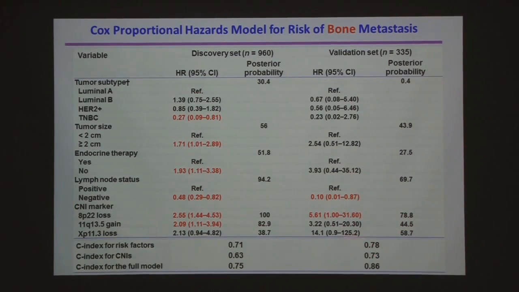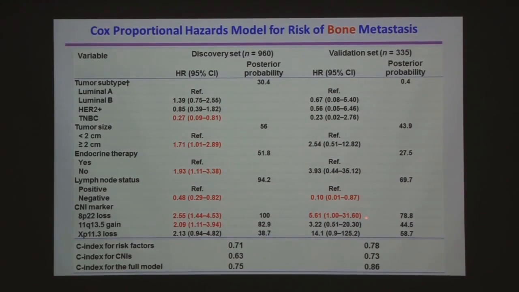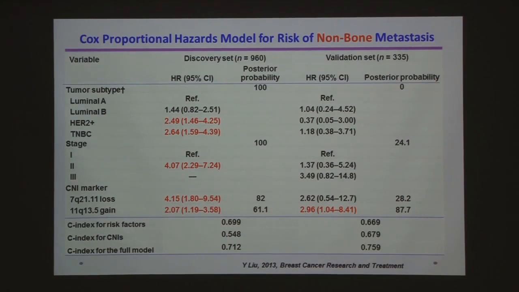If we look just at our validation set with these markers in the clinical data, we got up to about 86%, so that was a lot better in terms of the validation.